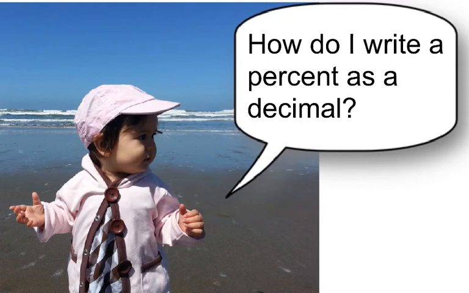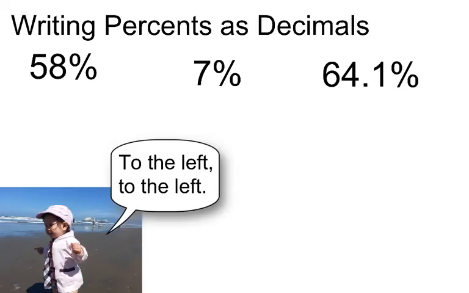So, how do I write a percent as a decimal? Well, there are a few things you need to remember. When writing percents as decimals, we always move it 2 spaces to the left. To the left, always 2.